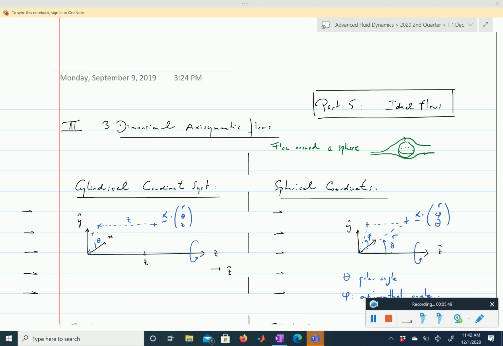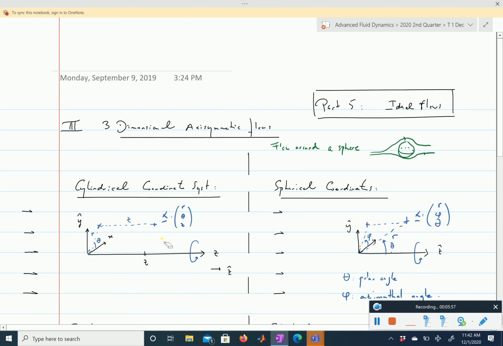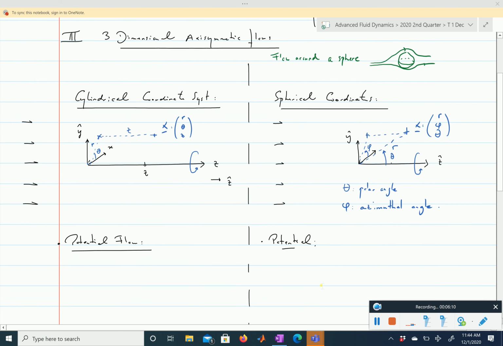Okay, so with this coordinate system, now everything is the same as before. So we can define a potential, and if the flow is an ideal flow, so if you have an irrotational incompressible flow, we can define a potential, and we can define a stream function. All right, so let's look at those potentials.